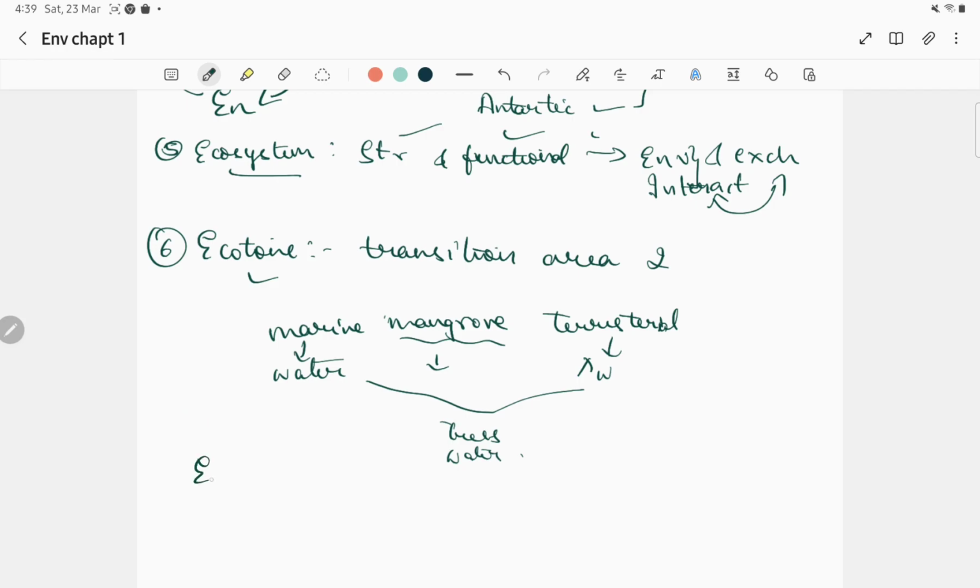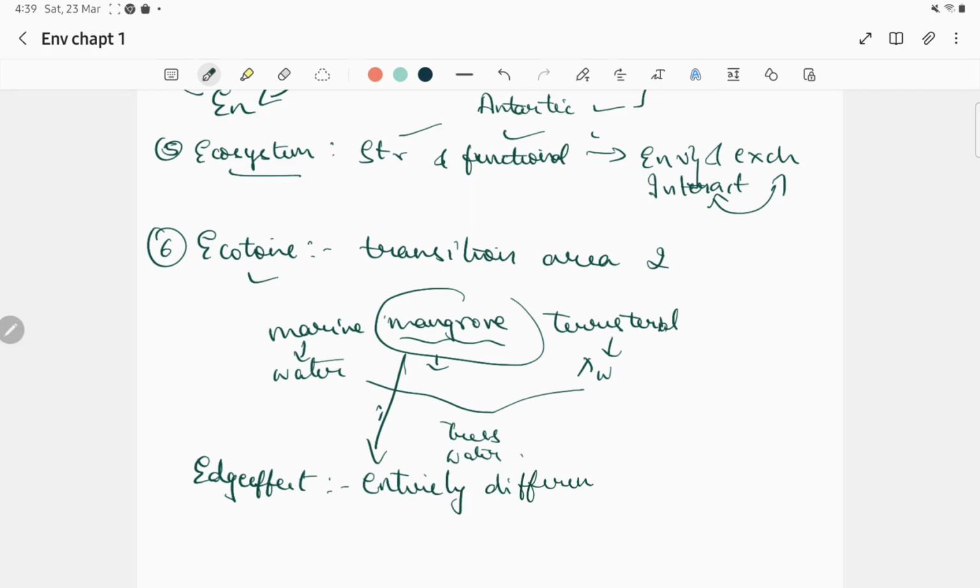Here we come across a terminology called edge effect. So what is edge effect? In this mangrove system, we can see entirely different organisms present here, animals and plants we can find here.